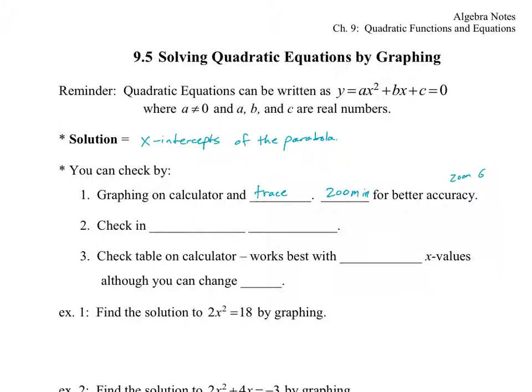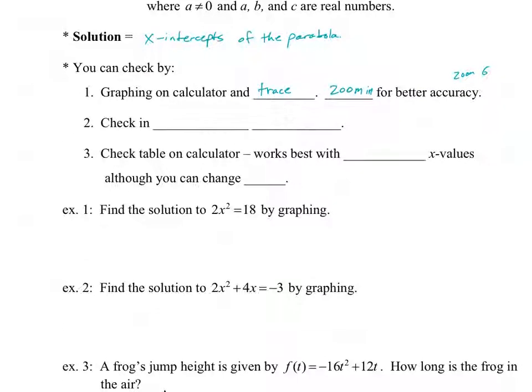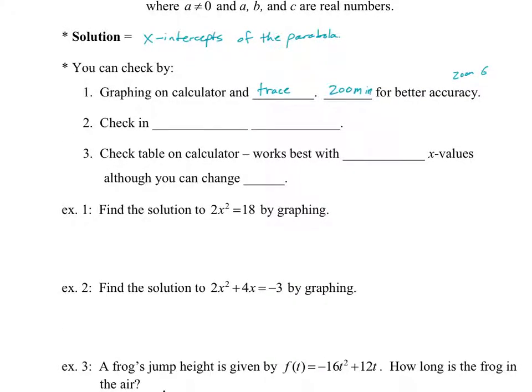The other way that you could do it, or a way that you could check your answers, is once you find certain numbers that work for x, you could check in the original equation. Take that one x value or those two x values, put them in for x in the equation, and see if it equals 0. Another way is to check the table on your calculator.